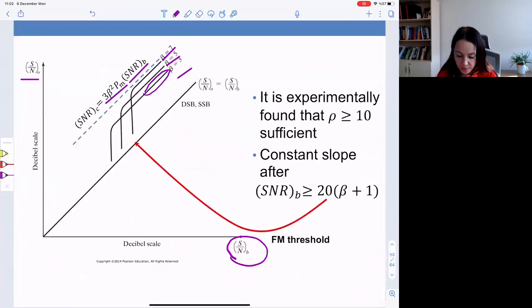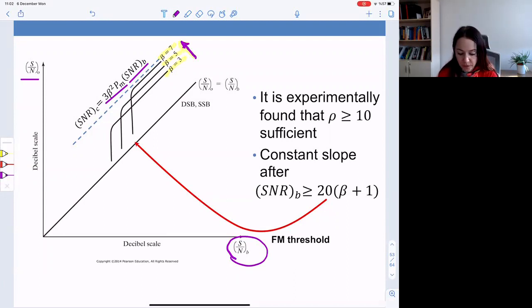So that's why the difference between beta equals 3, beta equals 5, and beta equals 7 looks linear, because this is the dB scale.